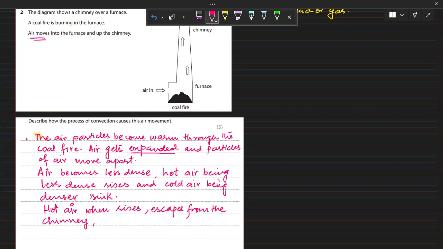So what will happen? The process of convection is actually rising of hot air and sinking of cold air and forming a convection current. Okay.